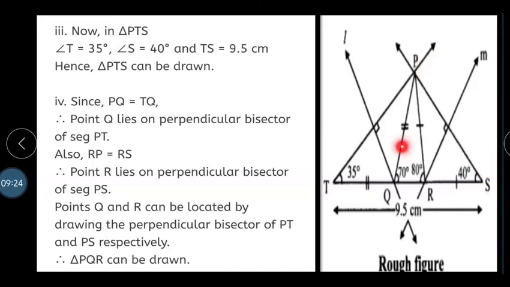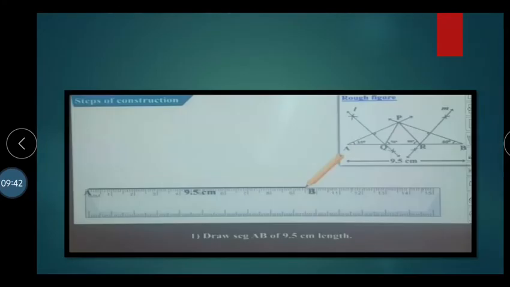Points Q and R can be located by drawing a perpendicular bisector of PT and PS. Therefore, triangle PQR can be drawn. So, let's see the construction and let us construct it. Step number 1.